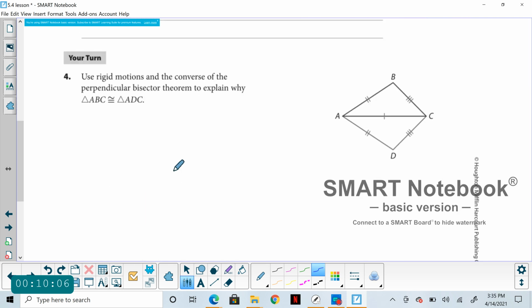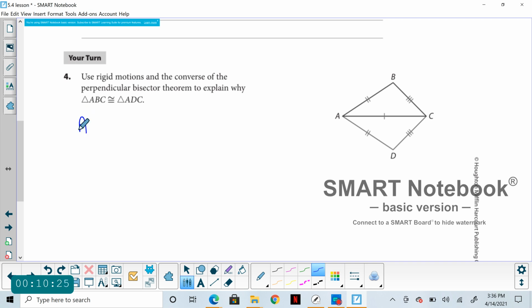Using rigid motions and the converse of the perpendicular bisector theorem, explain why triangle ABC is congruent to triangle ADC. So, hopefully you'll pause and take a minute to think about this.